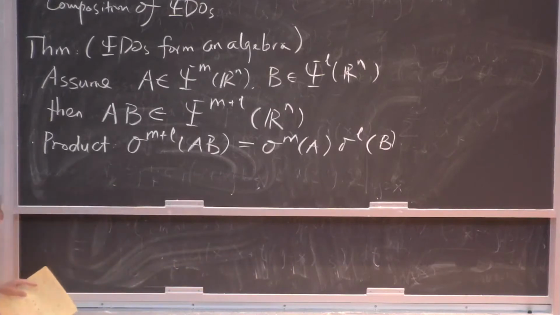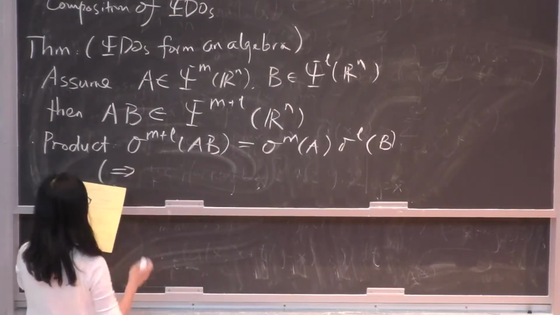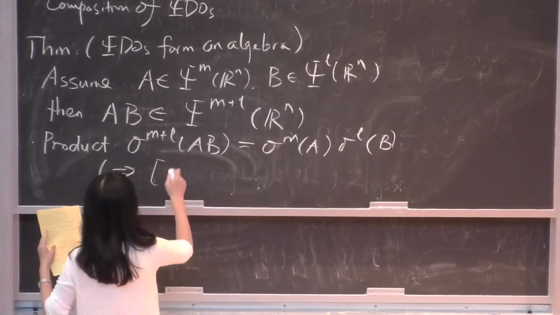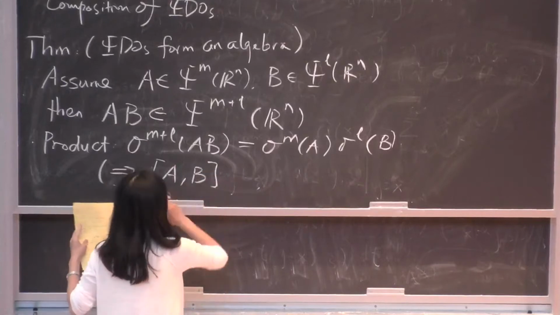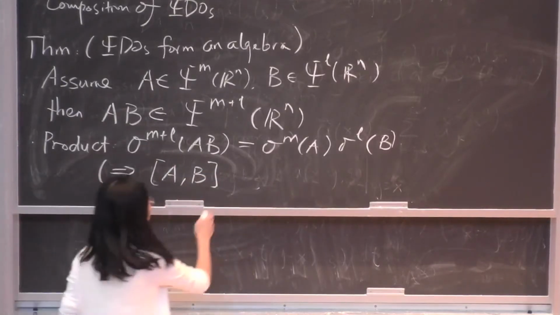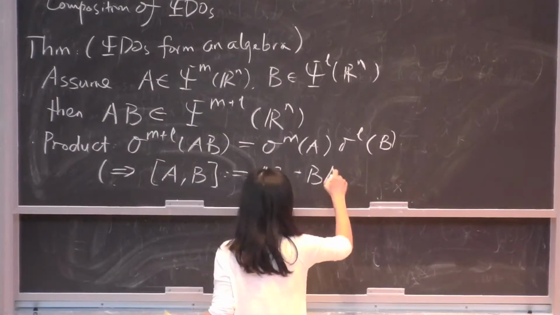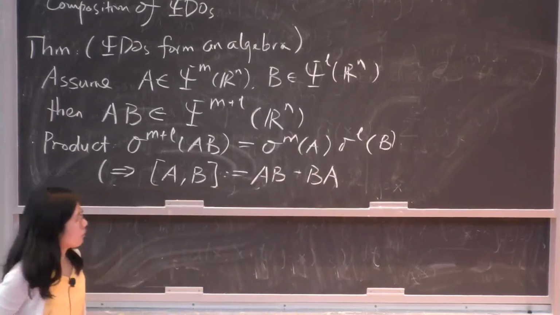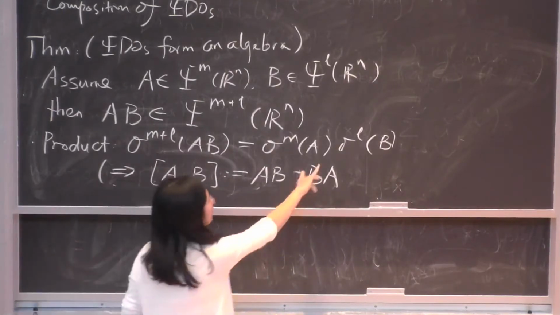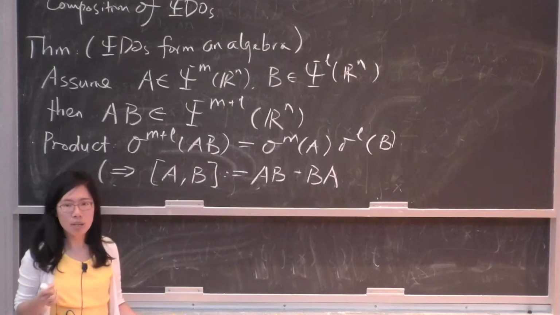Using this, immediately we see that if you compute the commutator of these two operators, so this [A,B] is defined to be AB minus BA, and you compare AB and BA in the leading order at the principal symbol level, you will see that they're both given by the same algebraic quantity, so the difference goes to 0.